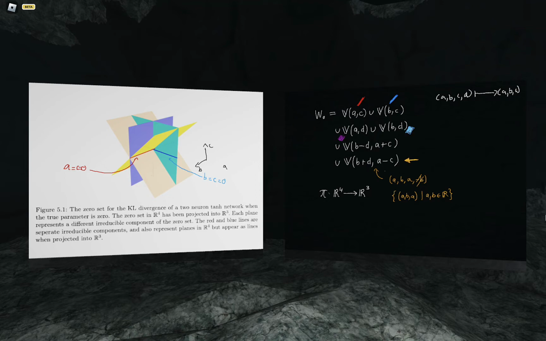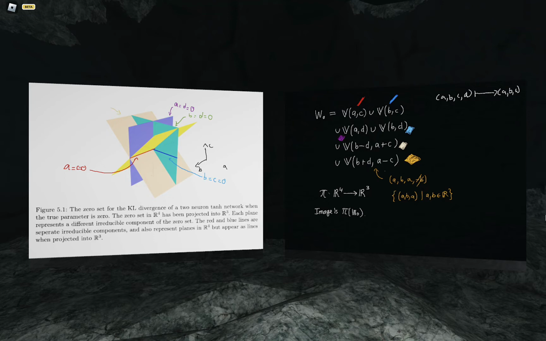And then that leaves the pinkish plane, right? Don't really have that color. Okay, did we miss anything? So the image is pi of W0.